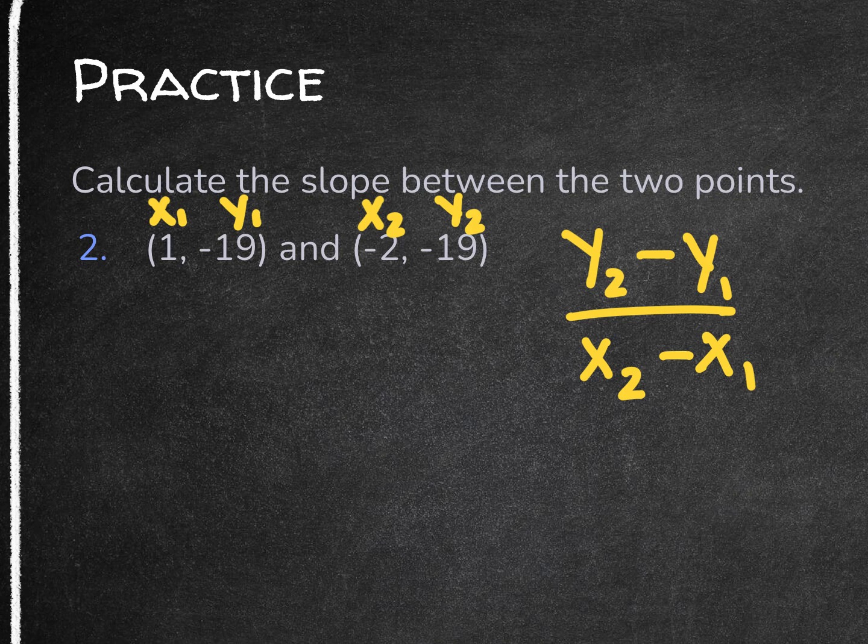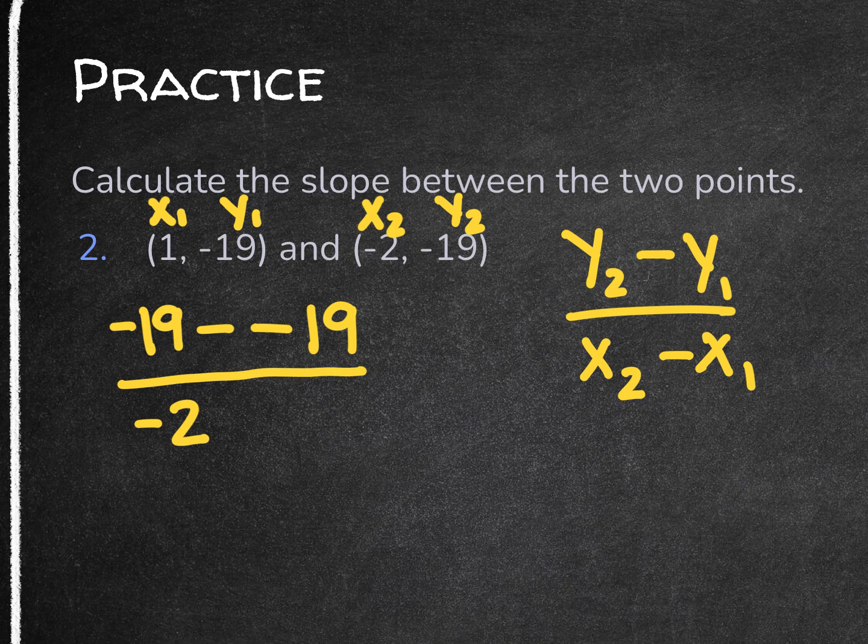So y2 is negative 19. Then I have a minus in the middle. And then my y1 is negative 19. On my bottom, I have x2, which is negative 2, minus x1, which is 1.